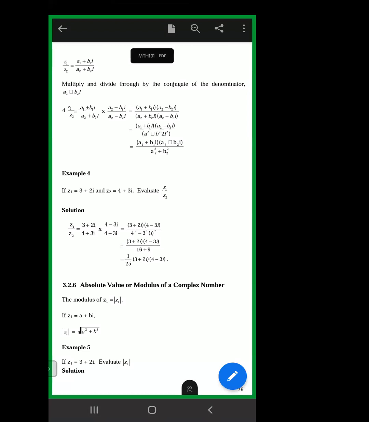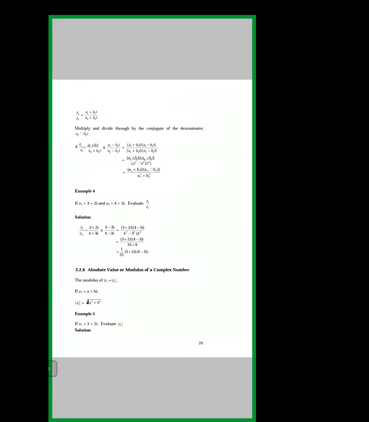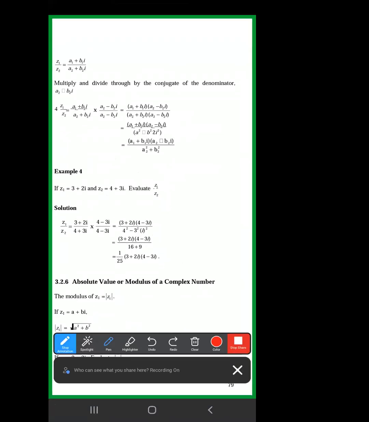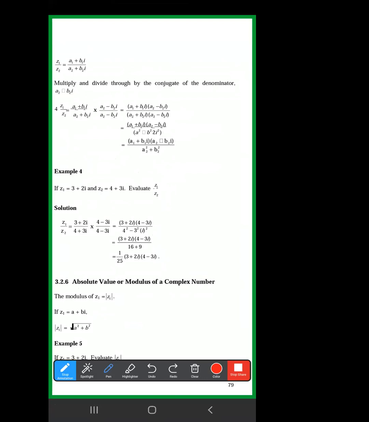Now, I think the part we stopped is actually this side. We are actually treating difference of two squares, isn't it? That's the part we stopped. I told you that actually when we have revision, Z1 over Z2 is equal to 3 plus 2i over 4 plus 3i.